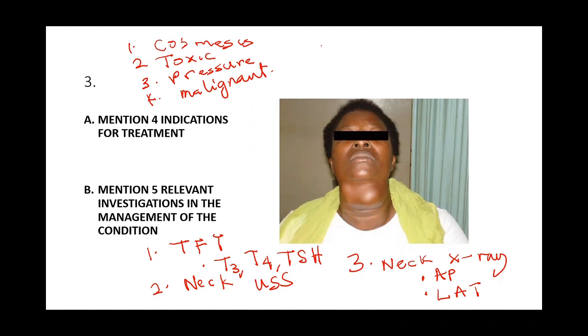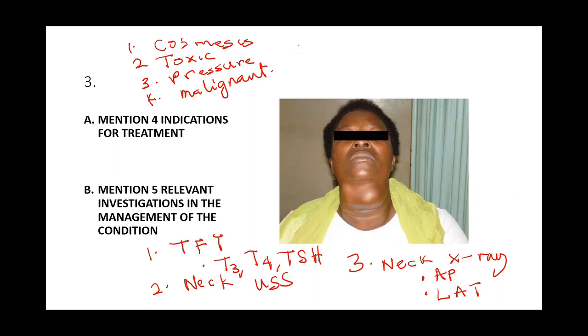calcifications. There are two types of calcifications when you are examining the X-ray. They could have a stipple calcification, they could have a coarse calcification. Patients with stipple calcifications are usually seen in papillary thyroid cancers.